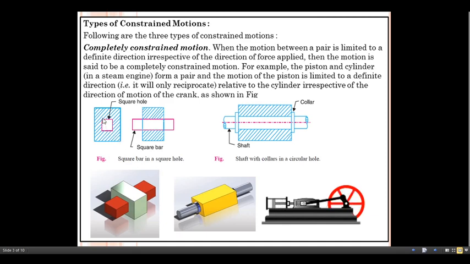Now we can discuss the completely constrained motion with the help of this example. The motion of a square bar in a square hole. If I apply a certain force on this one, the motion of this square bar will take place towards the left side, or if I apply the force from the right side, then the motion of this bar takes place towards the right side.